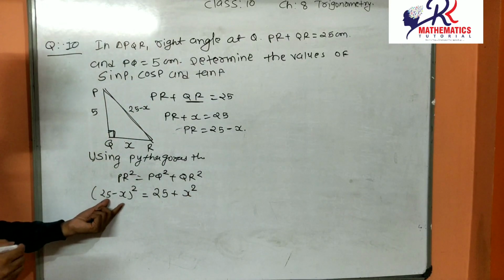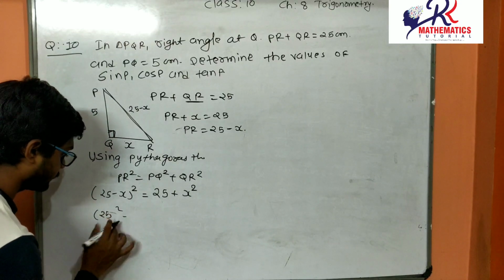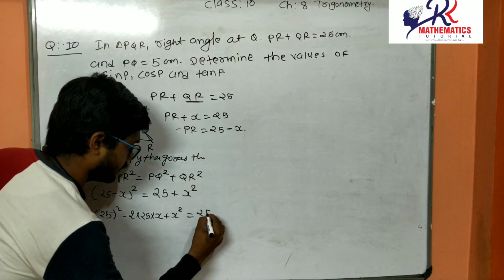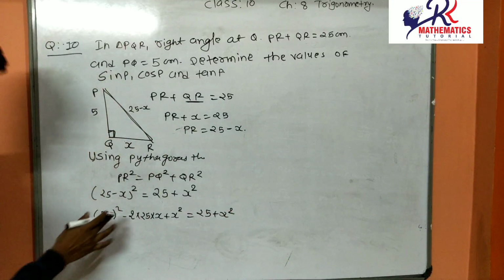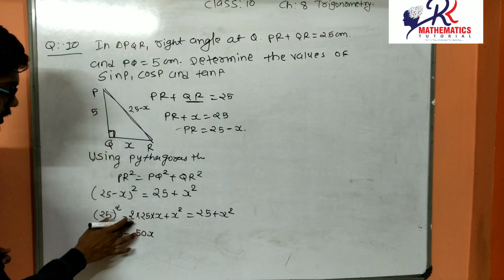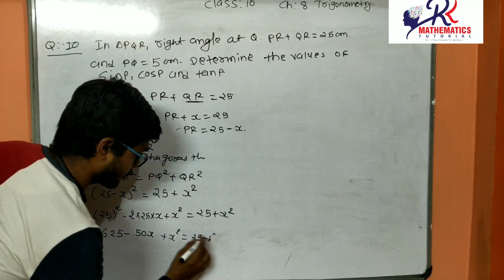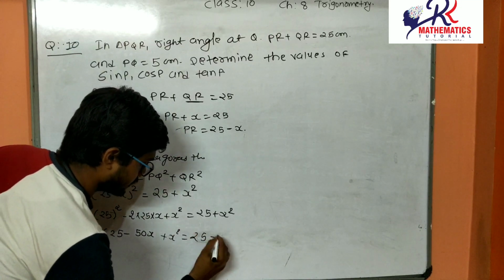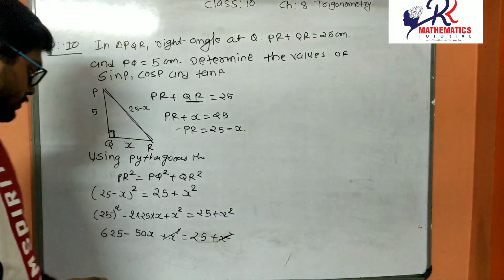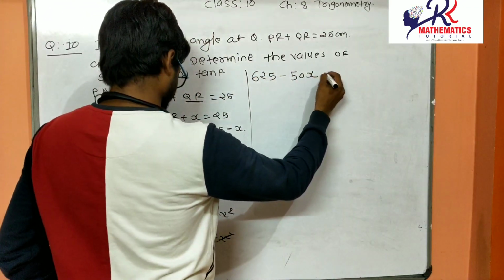Here we have to apply the a minus b whole square formula, so it is a square minus 2ab plus b square. 25 square is 625, 25 twos are 50, so it is 50x plus x square is equal to 25 plus x square. Here x square will cancel because the signs are the same on both sides of the equal sign. So the remaining is 625 minus 50x is equal to 25.